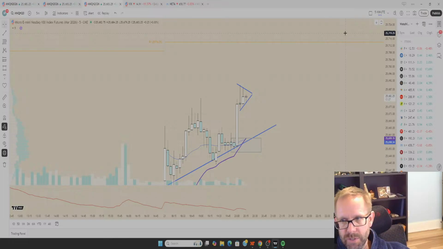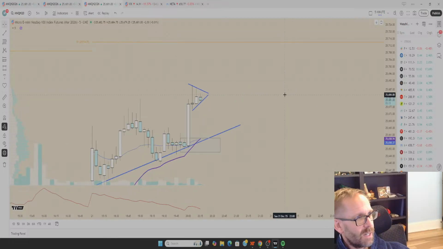Symmetrical triangles are generally continuation patterns. But did you notice how I threw that in there generally? Means not always.